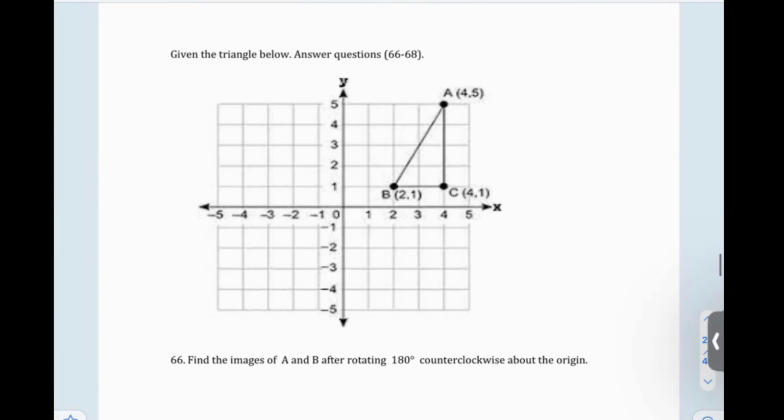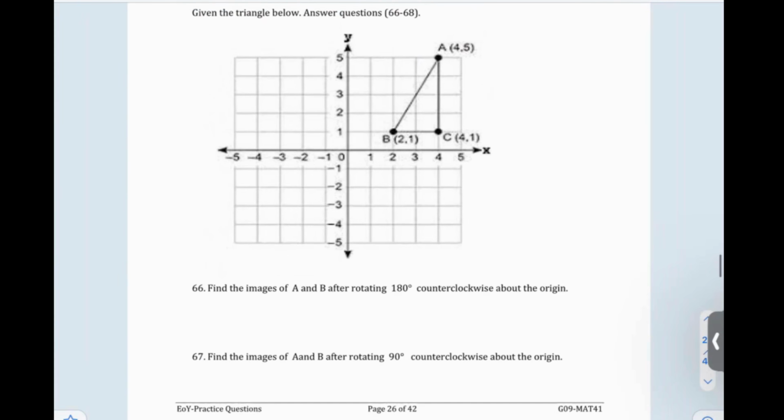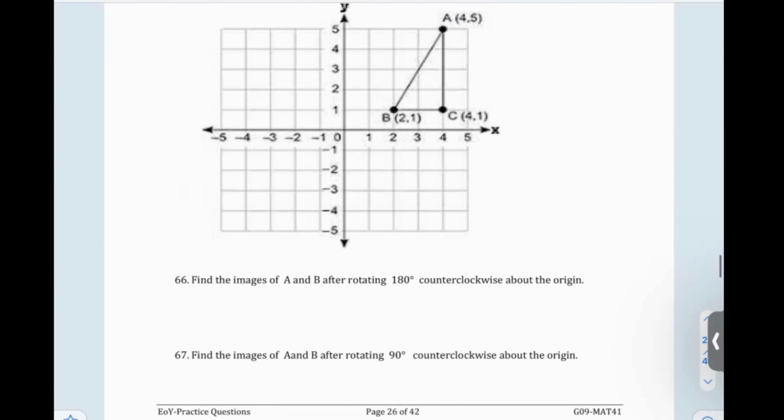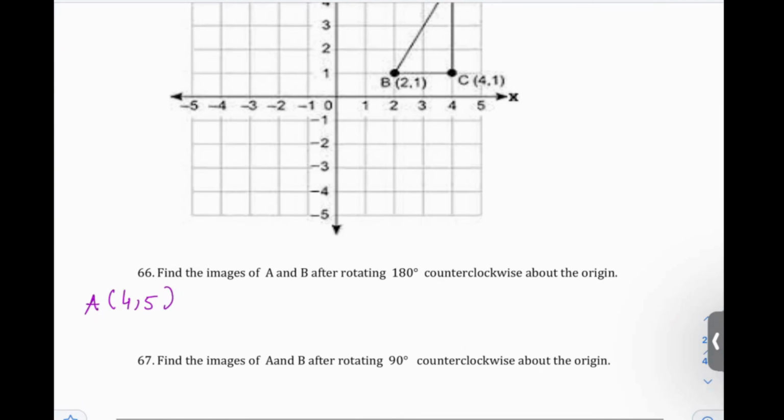Given the triangle below, answer the question. Find the images of AB after rotating 180 degrees. So let's see. A was (4, 5). 180 degrees states that (x, y) will go to (-x, -y). So without flipping anything, replacing x and y, just flip the signs of both.